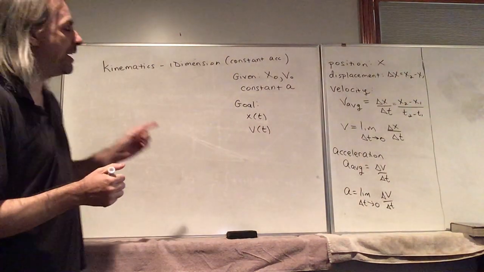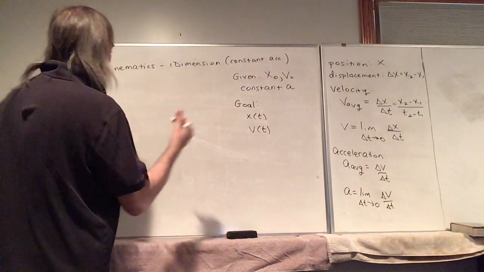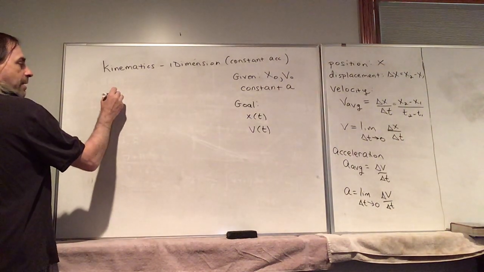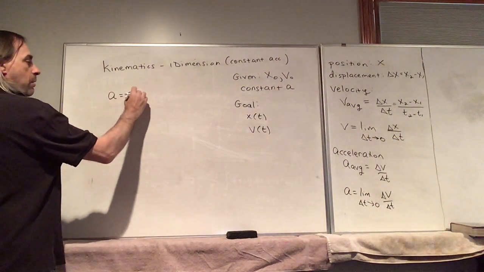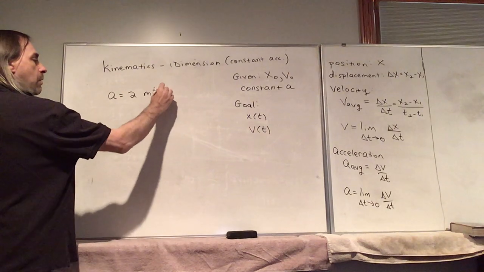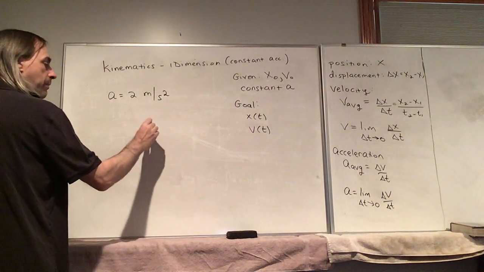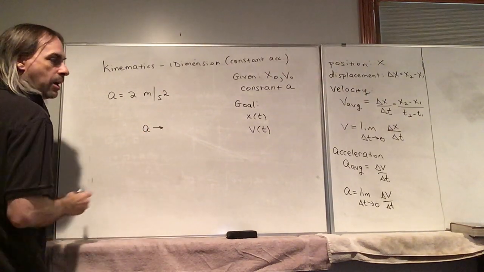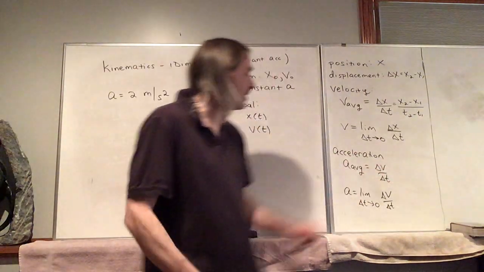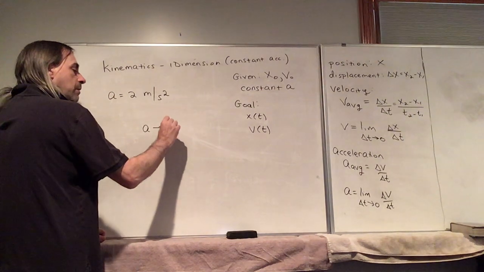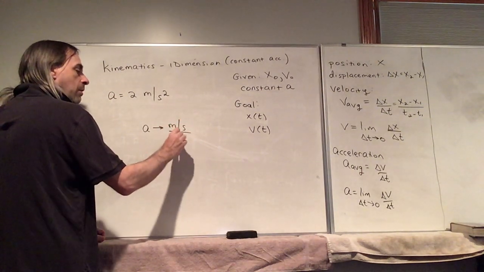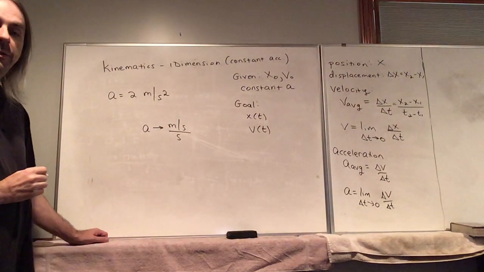In the case that we have a constant acceleration, let's just say a concrete example. If we look at the units for acceleration, we have velocity on top, that would be meters per second, and then over time, which is in seconds.